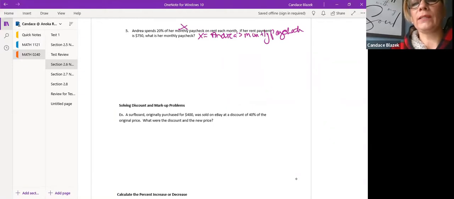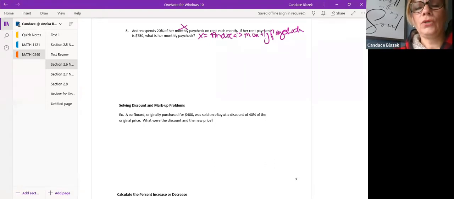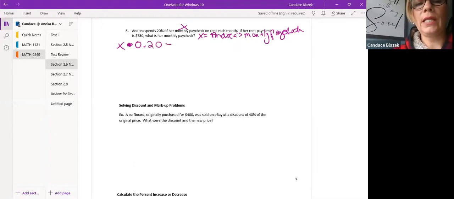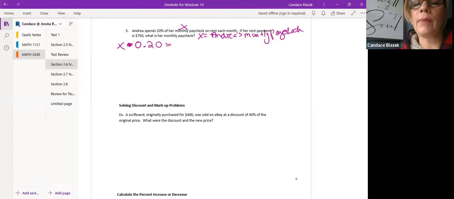Okay, and her rent is $750. So when I look at the whole, or the total, I'm going to take it times the percent, which is 0.20, multiplication right there. And in the end, I'm going to get her monthly rent, which is $750.